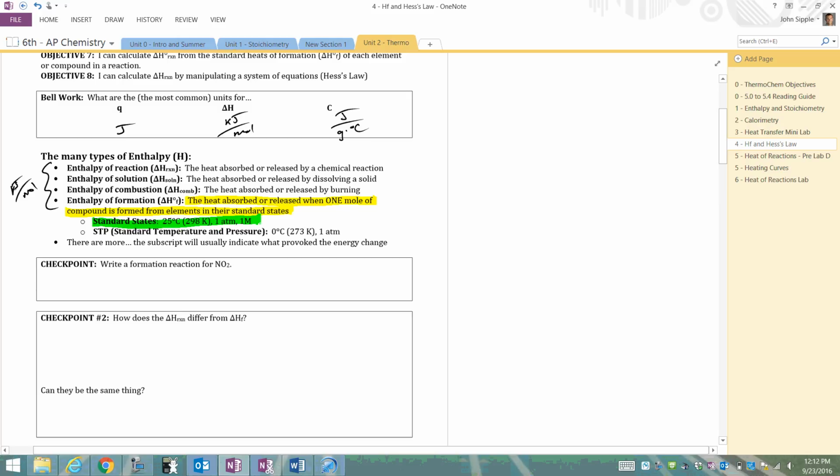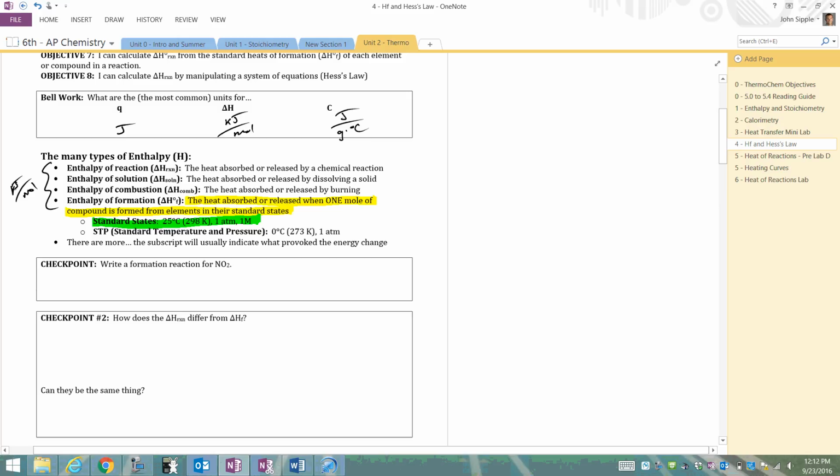It's 25 degrees Celsius, room temperature, at 1 atmosphere, okay, sea level, and usually you're dealing with 1 molar. Standard states are important when it comes to electrochemistry too, that we won't deal with for a little while, but it's different from dealing with gases and standard temperature and pressure. So I just want to make sure that we know the difference, okay?